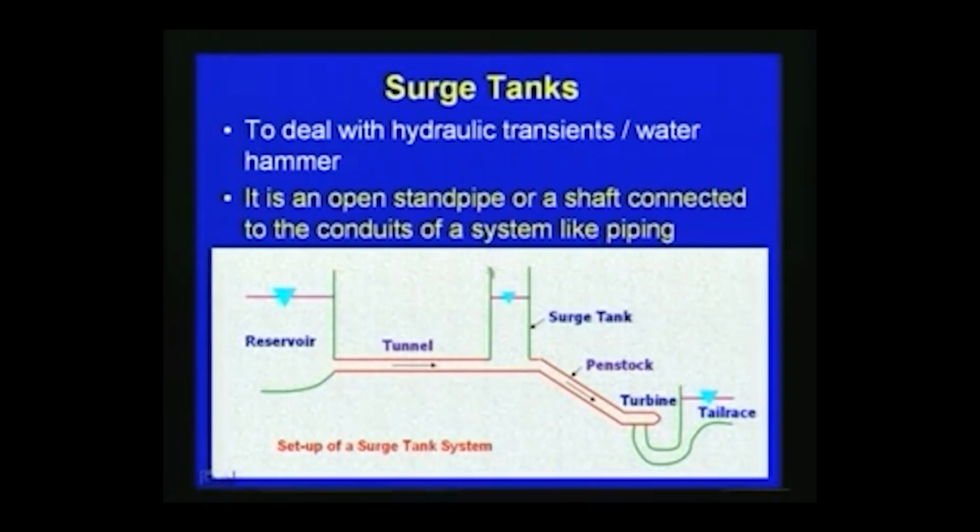Since we have a large standpipe, the so-called surge tank or shaft, we can easily control the flow with respect to the turbine by using valves.